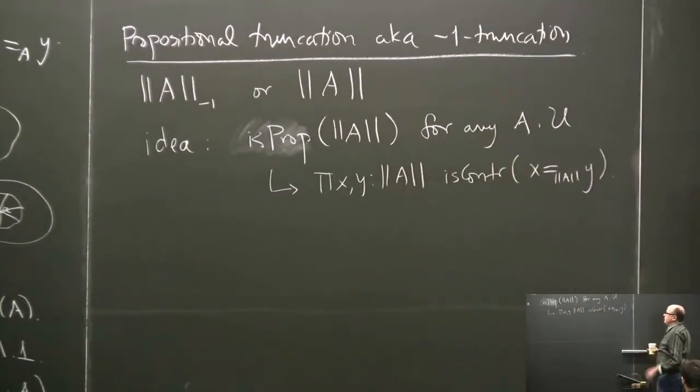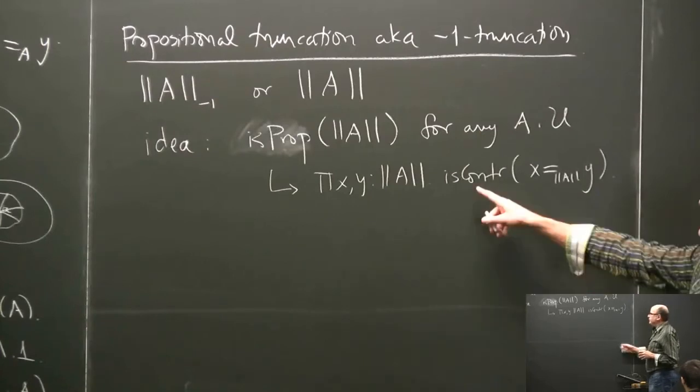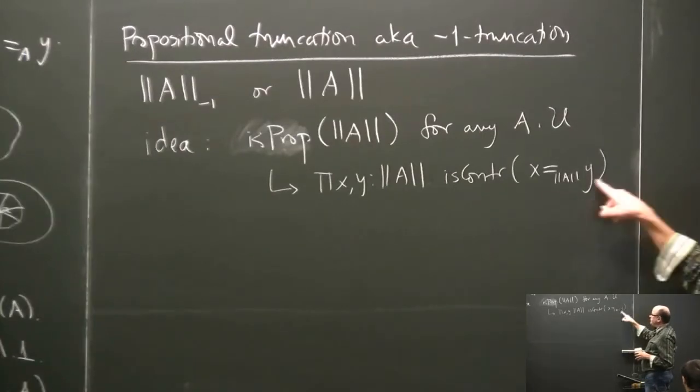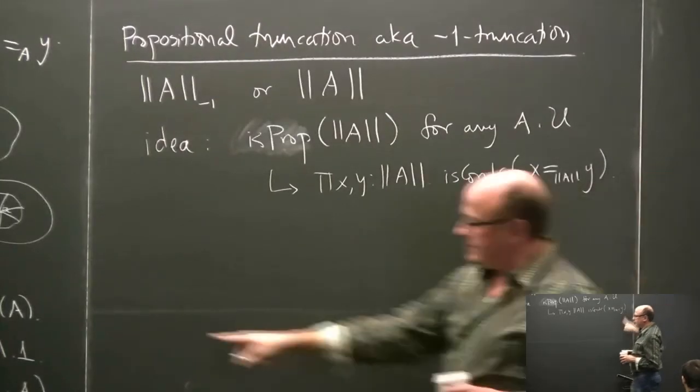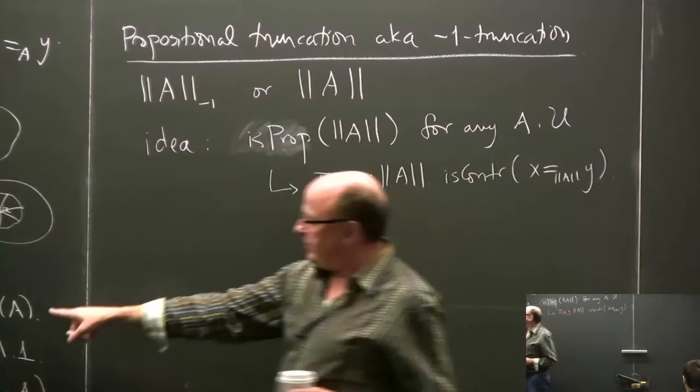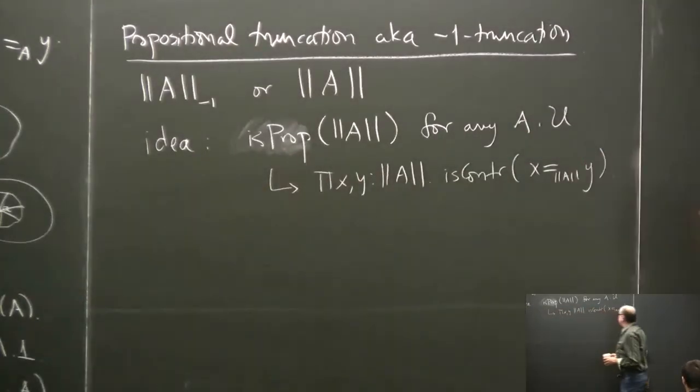So in other words, remember what contractible says on the left-hand board. Contractibility has a positive aspect to it: there exists an element of that. So I'm telling you x is equal to y because it's inhabited, and moreover there's at most one element of that.